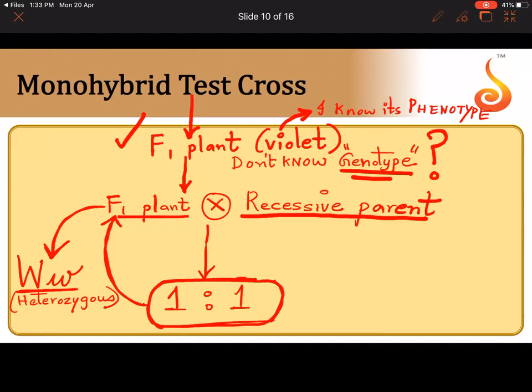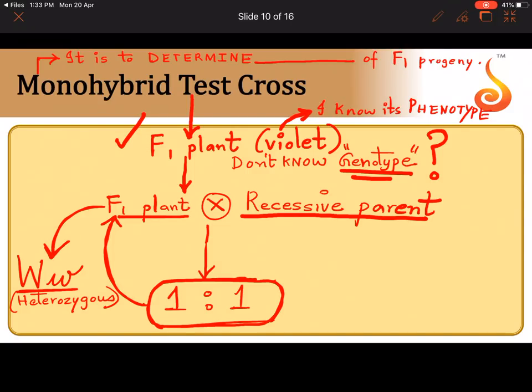So let us see the significance. In one sentence, the significance is that it is used to determine dash of the F1 progeny; progeny means offspring. Now what should you fill in the blank? Should you write phenotype or genotype? Some of you say phenotype.